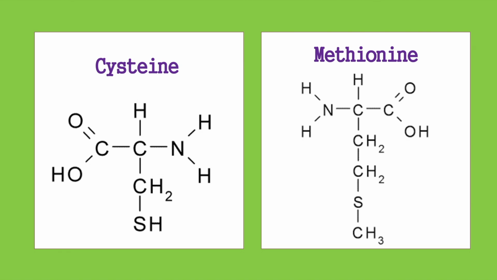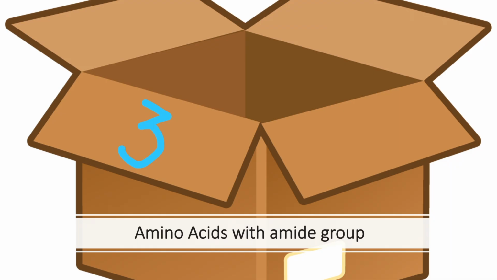Now that we have completed 3 of the 5 amino acids in this category, let's look at the remaining 2. If you remember, these 2 fell in the last box that we created, the box that contains amino acids that have amide groups. There are only 2 amino acids that contain amide groups out of all the 20 amino acids that we need to know.